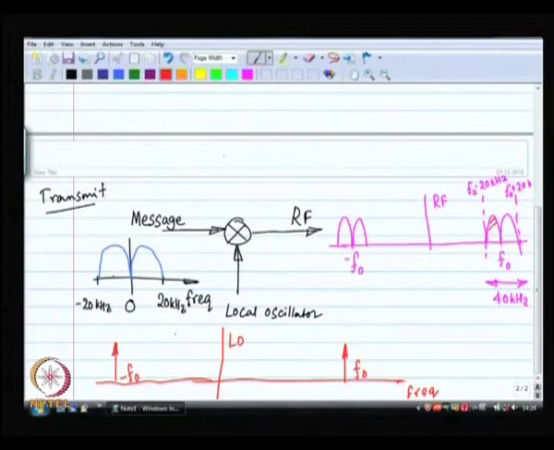In any case, one side lobe is the mirror image of the other one. So, there is no new information in the second side lobe, right. There is nothing new in the other side lobe. That is why it is wasteful, that is why I am saying it is no good. So, the suggestion was that let us get rid of one of the two and let us transmit only one of the two side lobes.